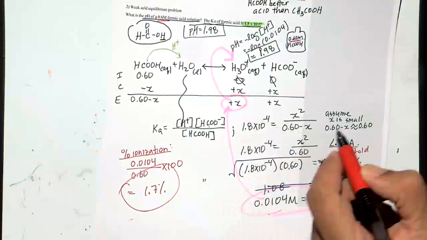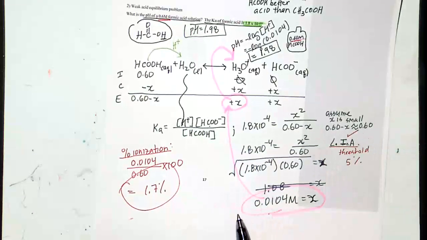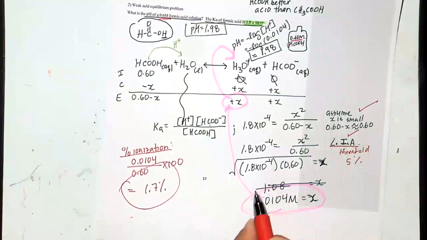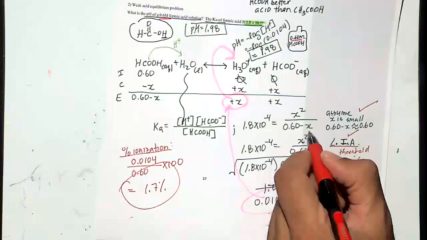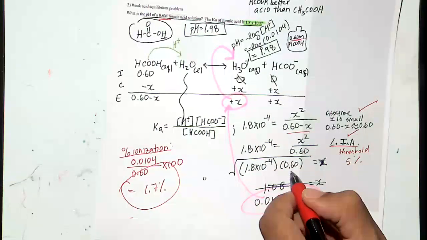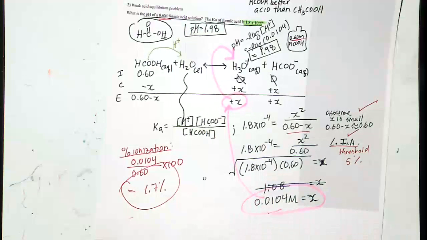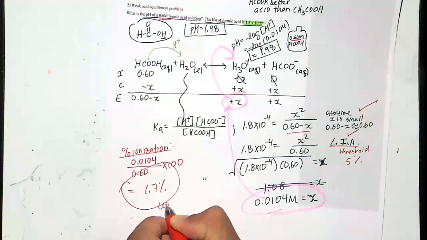It's well below 5%, so this low ionization assumption is valid. Assuming x is small is valid, we don't need to use the quadratic. We can just go ahead and assume 0.60 minus x is essentially 0.60. 1.7% is less than 5%.